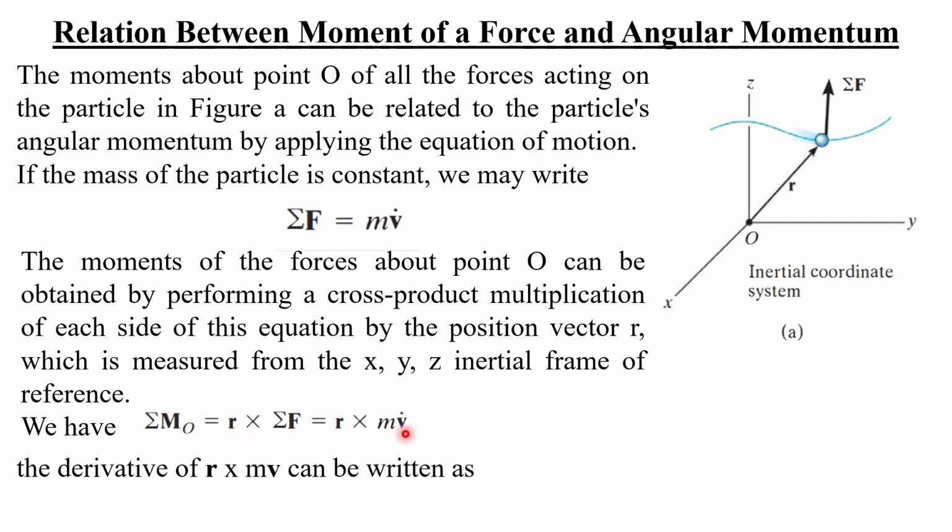The derivative of R cross MV can then be written as H naught is equal to d dt of R cross MV.